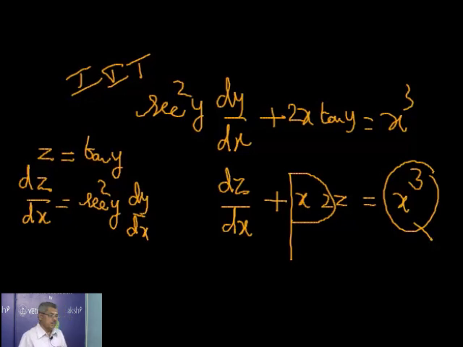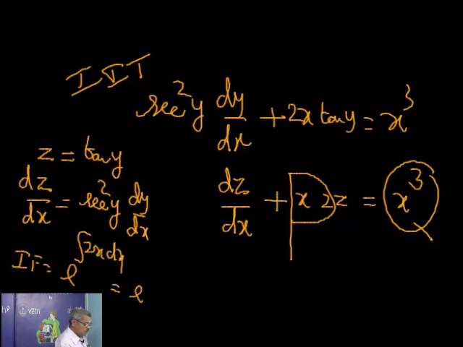That's very important. Once a differential equation satisfies all requirements regarding a linear equation, we can start finding the integrating factor right in the solution directly. Therefore, the integrating factor will be e power integral p dx, that is 2x dx. That is e power x square by 2 times 2, you get simply e power x square.